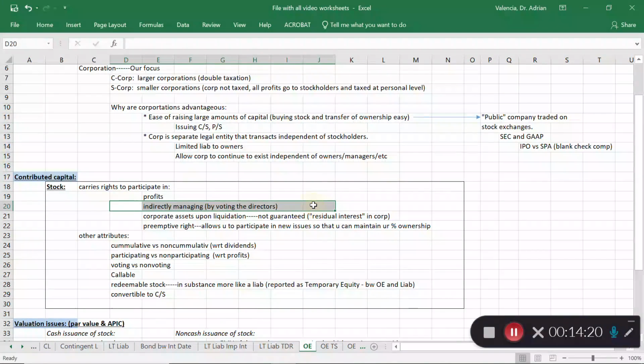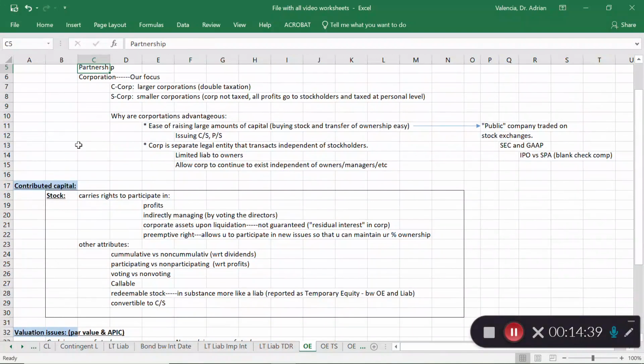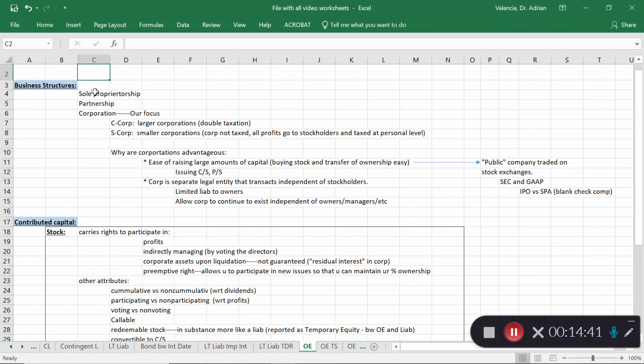But, like I mentioned earlier, the fact that you are not necessarily directly managing is what allows this company to continue to exist, even after you are gone or you sell your shares, right? And this is what I mentioned right here as a benefit to a corporation. Think about the sole proprietorship here, which is not what we're focusing on, but just so you think about that.